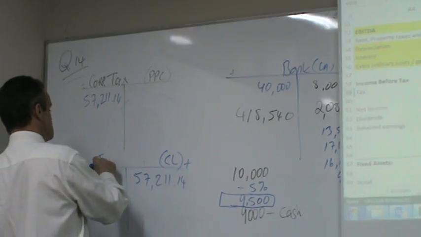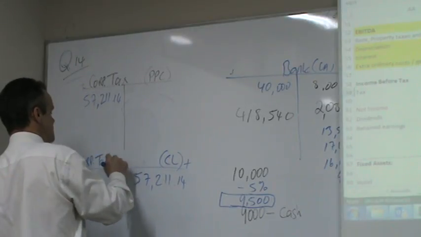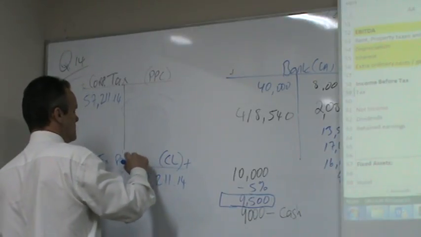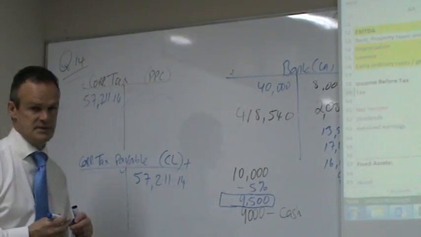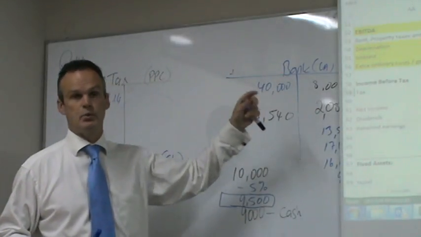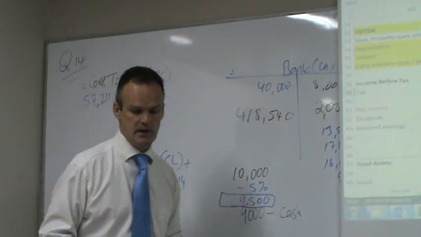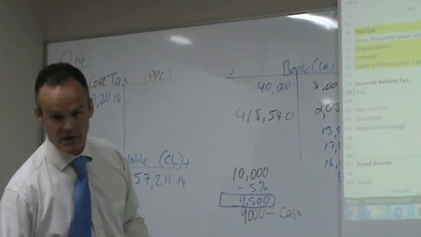And as we know, we're just going to call it what it is, corporation tax, and as all current liabilities are, it is payable. So that is the T account that we need to do for this. Only possible when you complete the income statement. But that is how you do question 14.